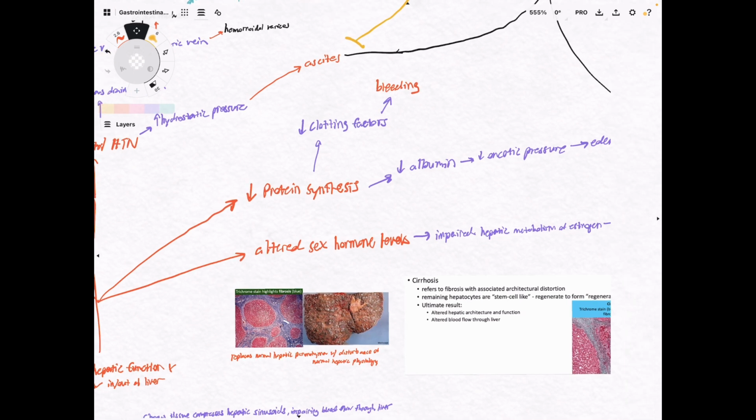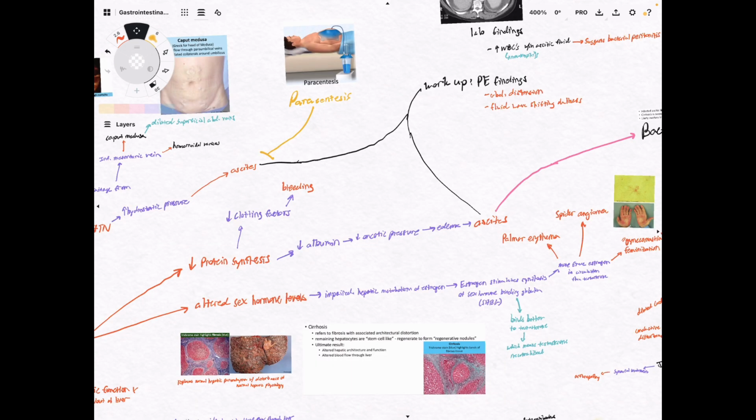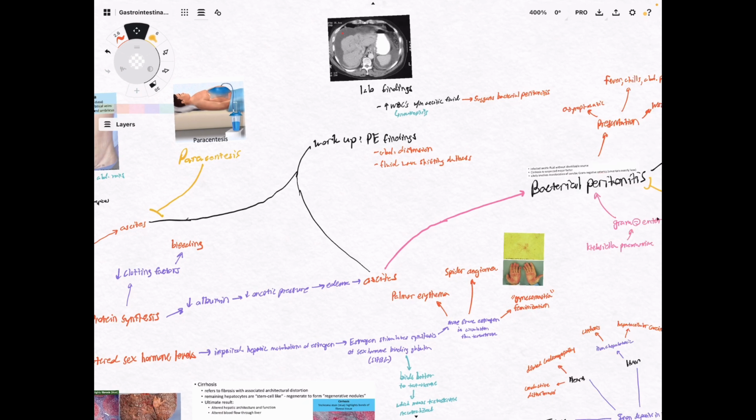And if you can't make albumin, then you're going to have lower oncotic pressure, which can cause ascites. So blood escapes the blood vessels. And again, there are two different mechanisms for how ascites is caused through cirrhosis, but both on physical exam present with abdominal distension and a fluid wave, shifting dullness.